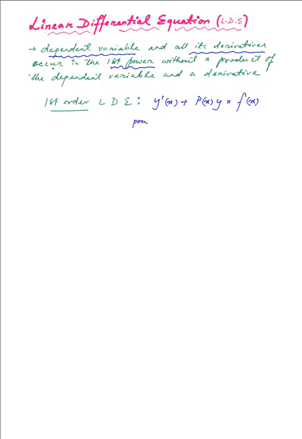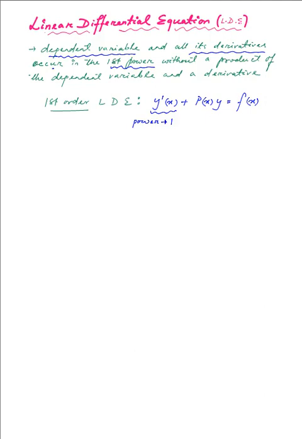The power is 1 in this case, that's for sure. And without a product of the dependent variable, that is y, and a derivative, so without a product of y and the derivative.